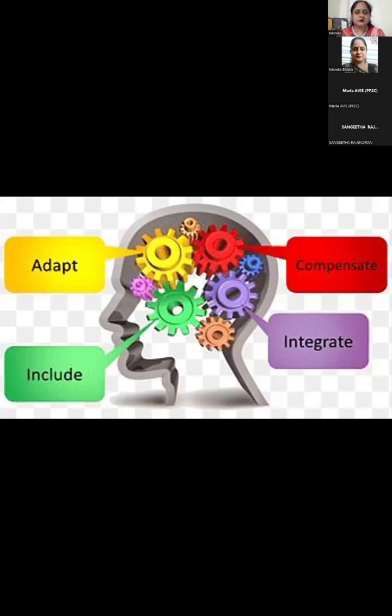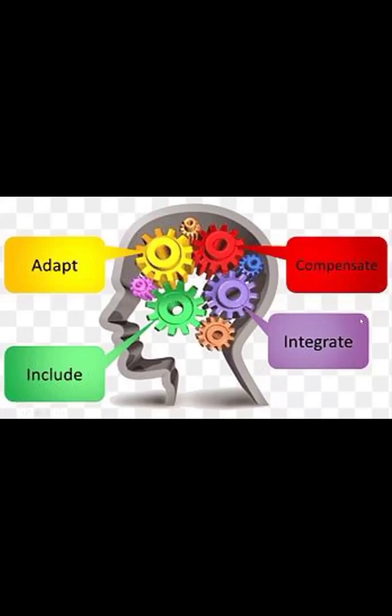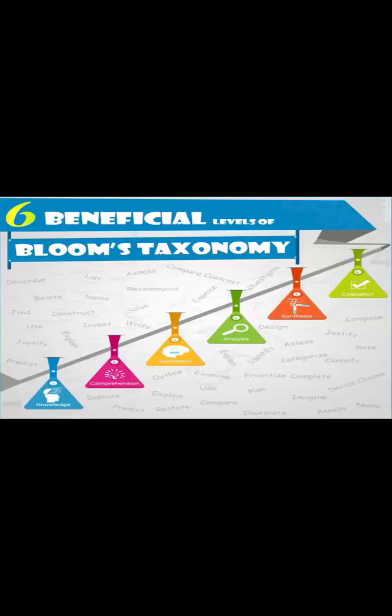we need to learn four things about the Bloom taxonomy that we have to teach the students. First of all, adaptation, include, compensate, and integrate, right? There are 6 beneficial levels of Bloom taxonomy for the students, and they need to learn each and everything with all these components.